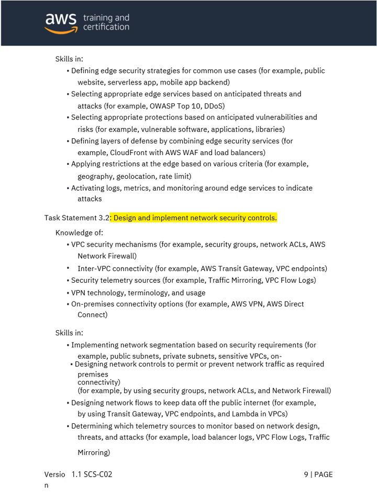Then the next is design and implement network security controls. You should understand what NACL is, how the network firewall works, how security groups work, what transit gateway is, VPC endpoints, traffic monitoring, VPN technologies, and what Direct Connect is. You have to connect from on-premises to your cloud; what are the different techniques available?